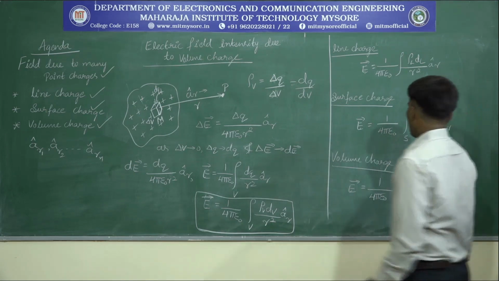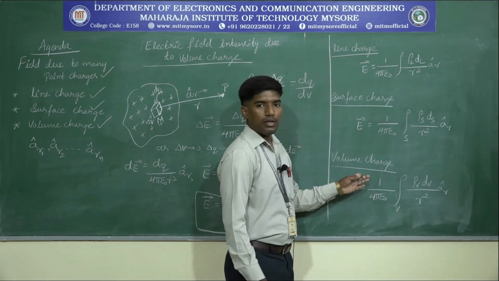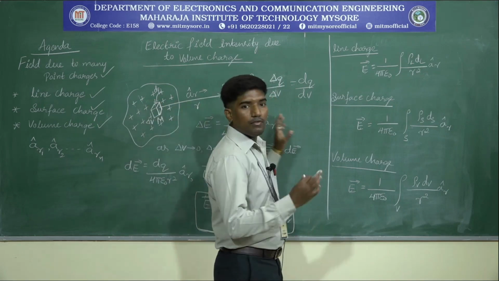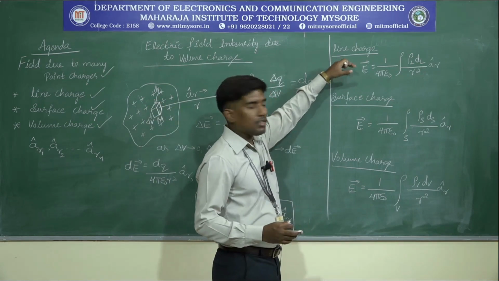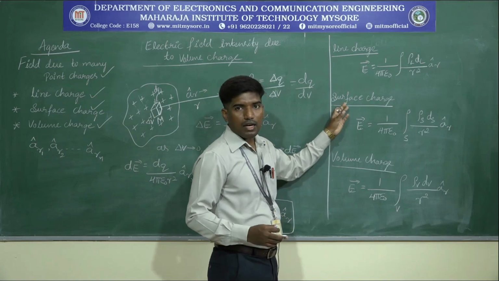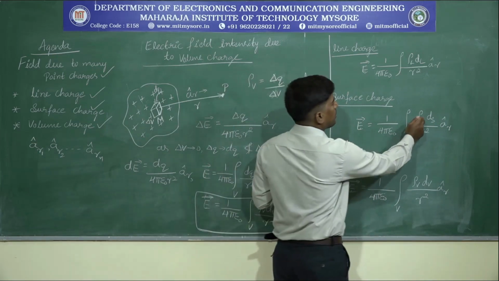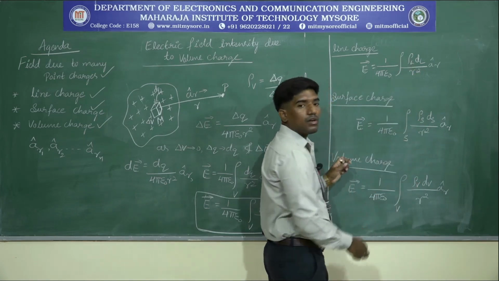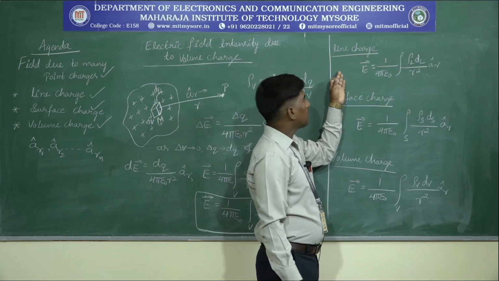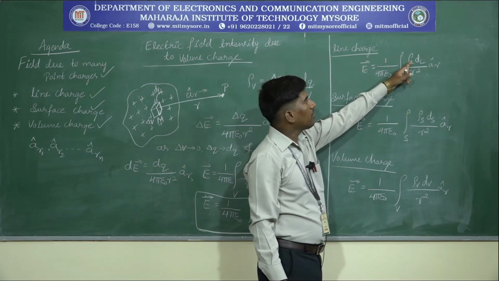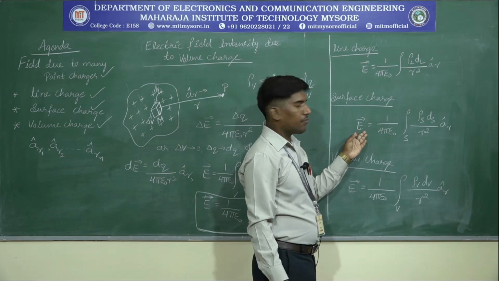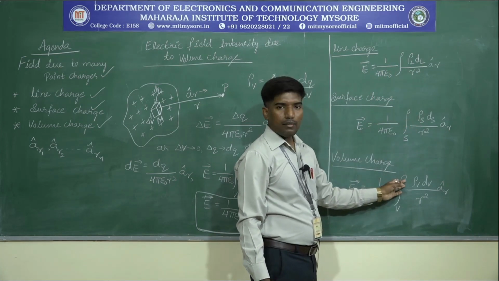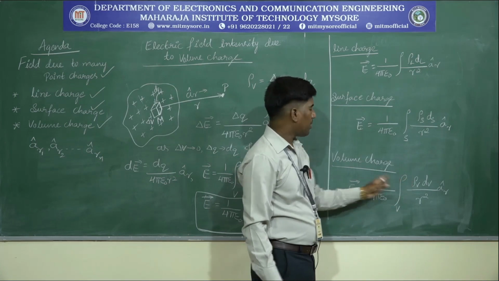Here one more approximation we need to consider. If the length of this charge is infinite, the surface area of this charge is infinite, or the size of this volume is infinite, then rho L, rho S and rho V become constant. The length being infinite means rho L becomes constant. The surface area being infinite means rho S becomes constant. The volume being infinite means rho v becomes constant.